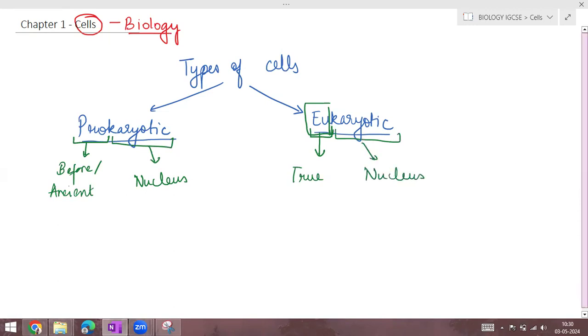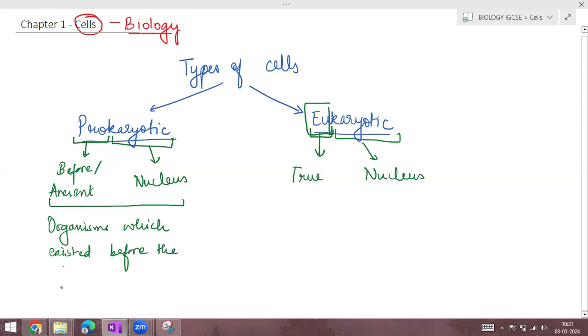So from here it's clear that the organisms which existed before the formation of a particular nucleus are known as prokaryotic organisms, and the example is bacteria.